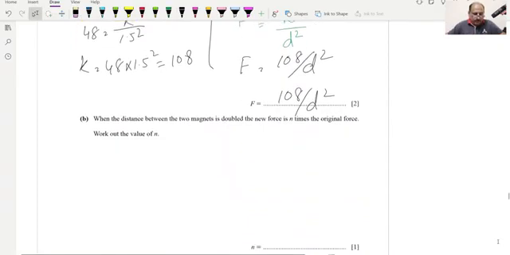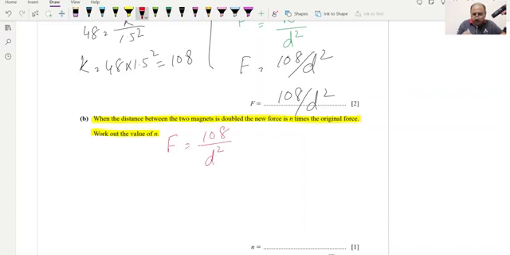Now the second part, which is the B part, they are saying when the distance between the two magnets is doubled, the new force is N times the original force. So work out the value of N. Now what we will do, our equation is what? Our equation is F is equal to 108 over d squared.